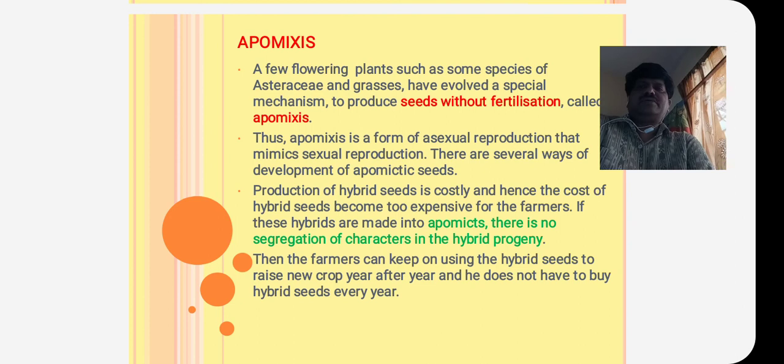So that is why they cannot use hybrid seeds. But in the case of apomictic seeds, if there is production of apomictic seeds, then there is no such segregation of characters in the hybrid progeny. So much research is going on in this apomixis, so that more and more apomictic seeds can be made available for agriculture.